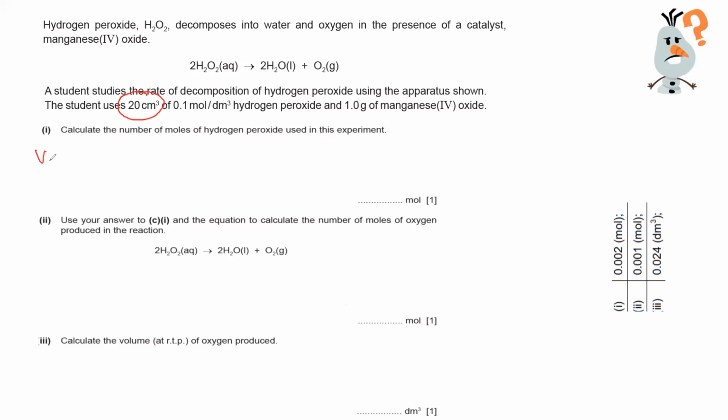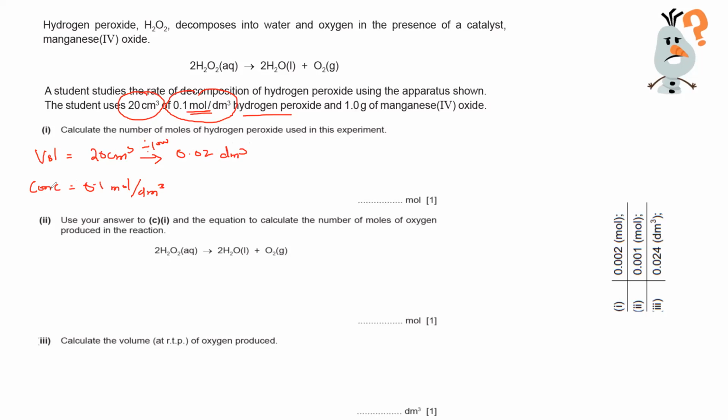We have to convert all the volumes to dm cube, so divided by 1000, it will be 0.02 dm cube. And 0.1 mole per dm cube is a unit for concentration, so the concentration is 0.1 moles per dm cube.